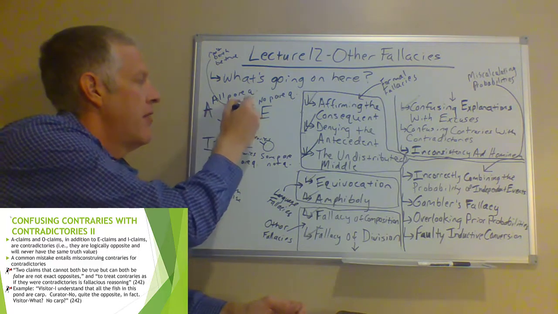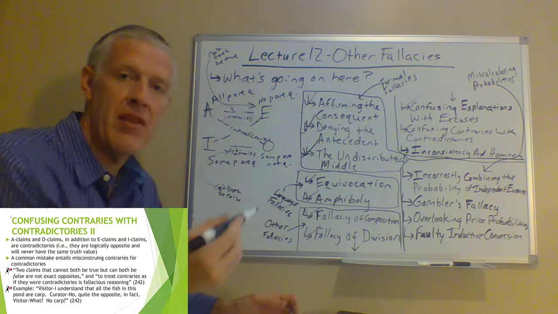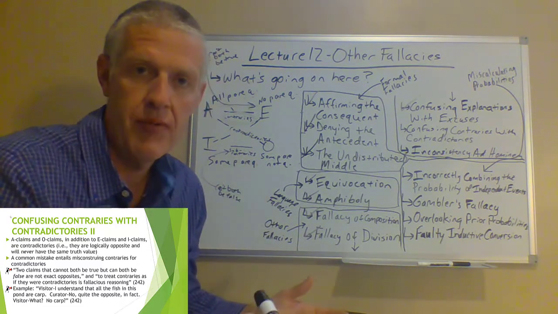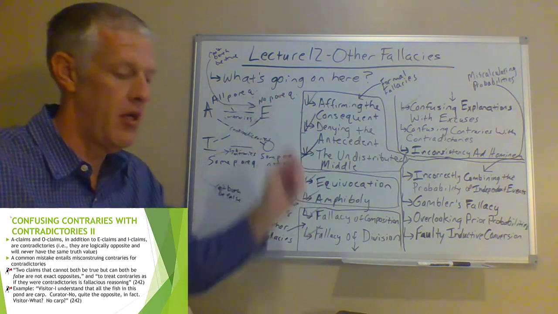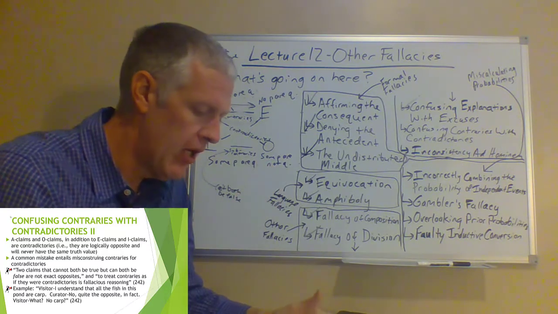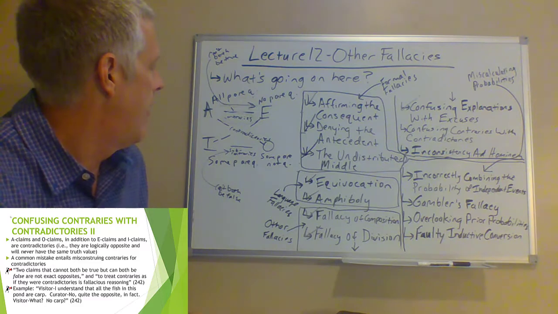He infers, well, then none of them are. No, he's just saying some of the fish in the pond are not carp. Yeah, I thought that was a good example.